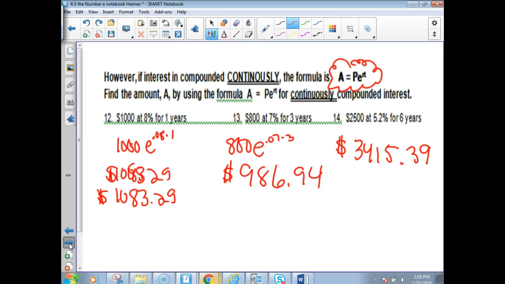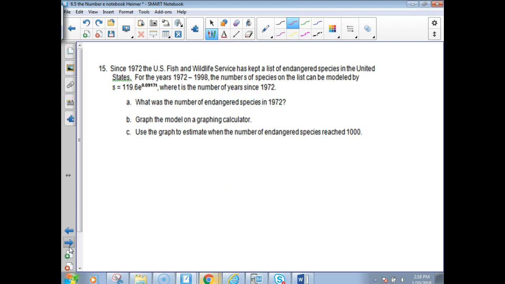Okay. The next question says, since 1972, the U.S. Fish and Wildlife Service has kept a list of endangered species in the United States. For the years 1972 to 1998, the number of species on the list can be modeled by S equals 119.6 e to the lovely exponent, where t is the number of years since 1972. What was the number of endangered species in 1972?